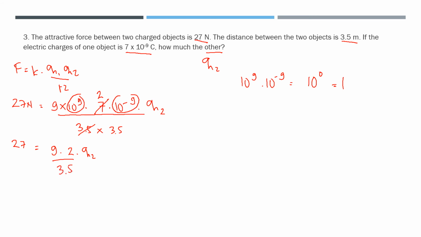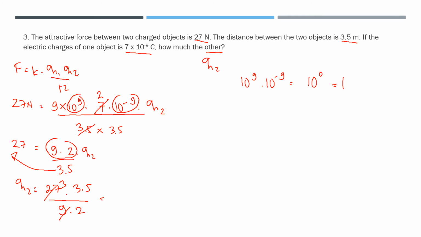Only this exists, okay? So how to find the Q2? This one I move here. So 27 times 3.5, right? Because it was times Q2, if it moves it becomes divide by 9 times 2. Then I cancel this one, it becomes 3.